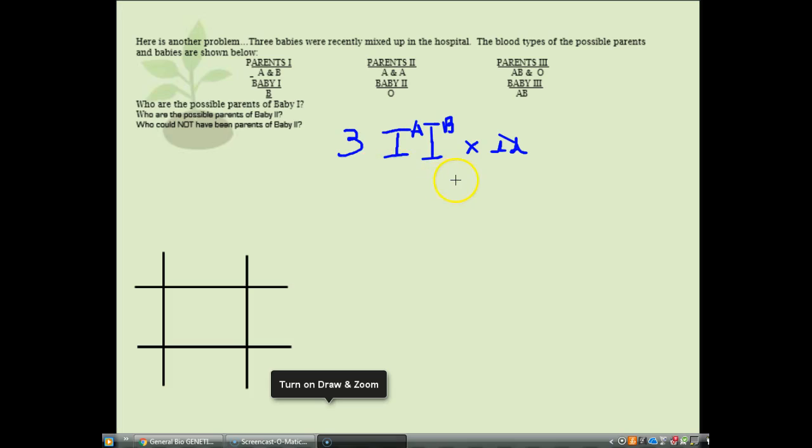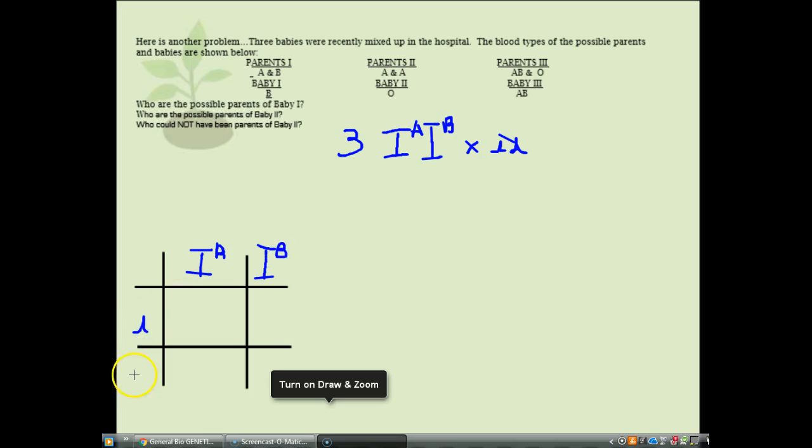So when we know this, we could do this Punnett square, and we could separate the AB parent here, and the O parent there.